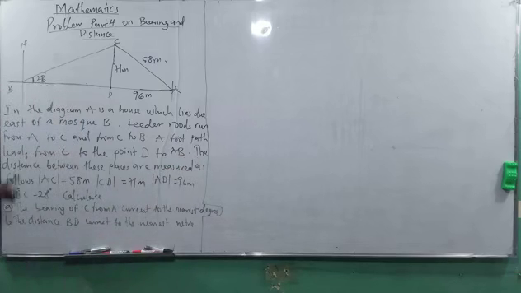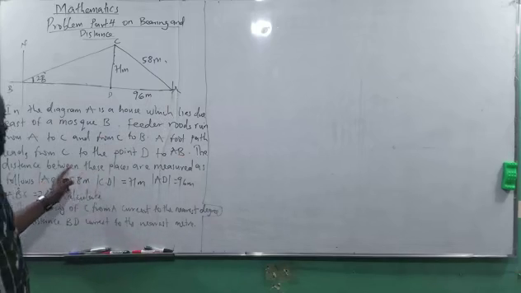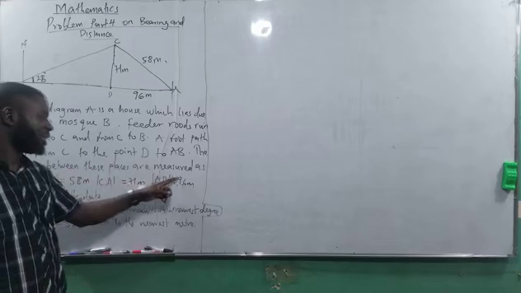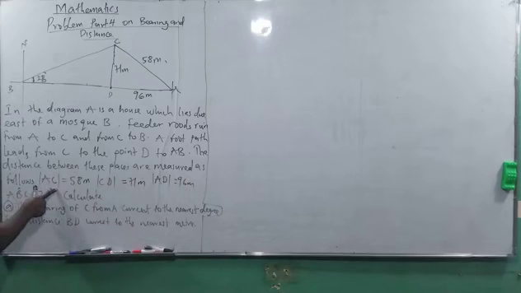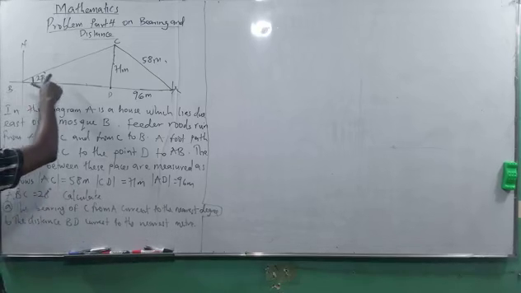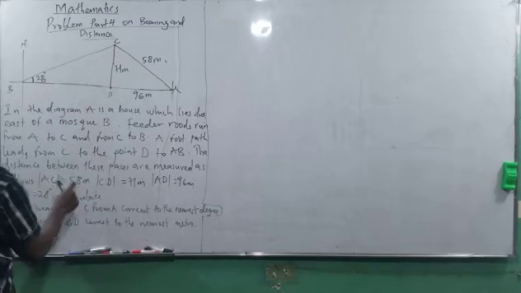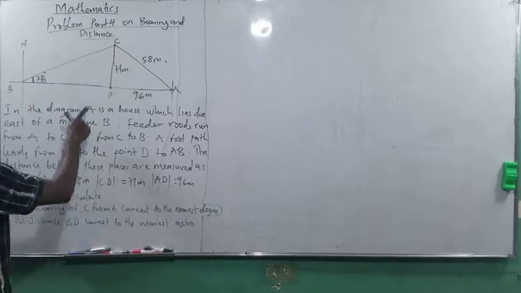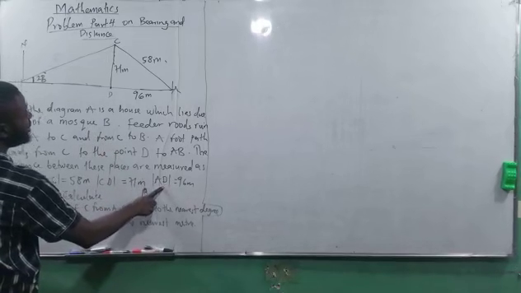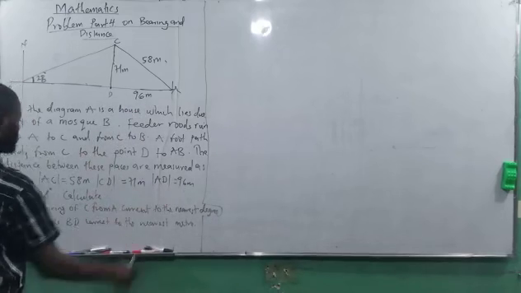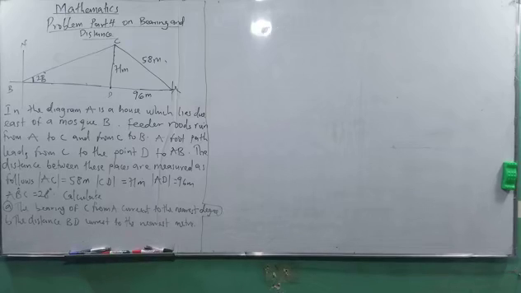The distances between these places are measured as follows: AC is 58 meters, CD is 71 meters, and AD is 96 meters, and angle ABC is 28 degrees.